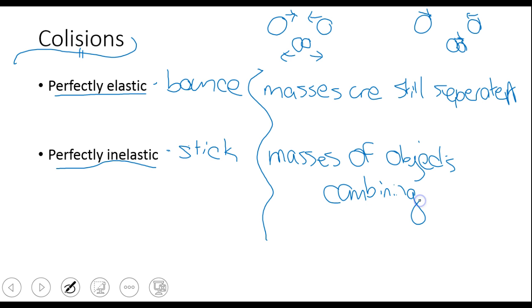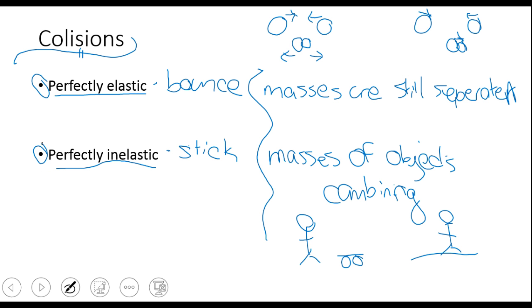Let's say I have, like, the guy on the skateboard. In that initial situation, I had a guy and a skateboard, and in the after situation, I had guy and skateboard combined. When you're reading a situation, sometimes it'll be really explicit about it being perfectly elastic or perfectly inelastic and then bouncing or sticking.